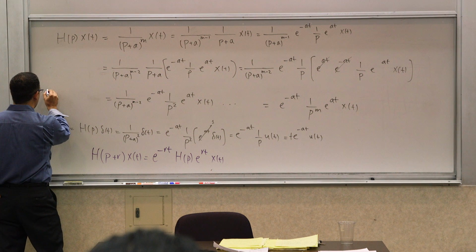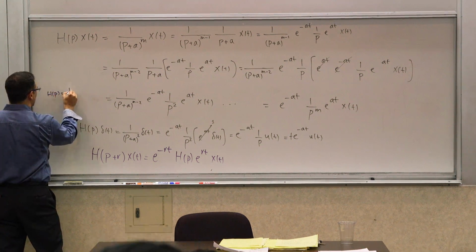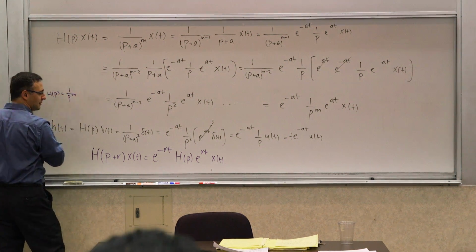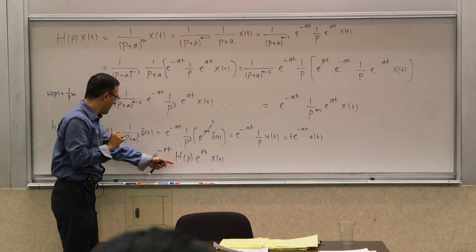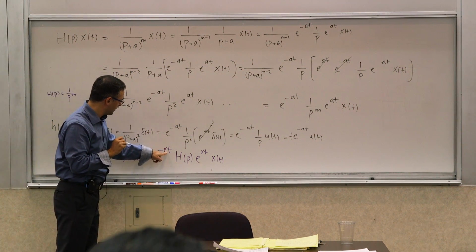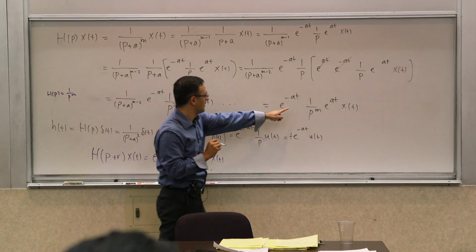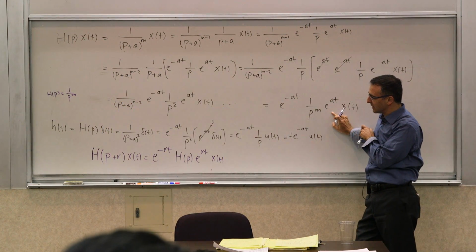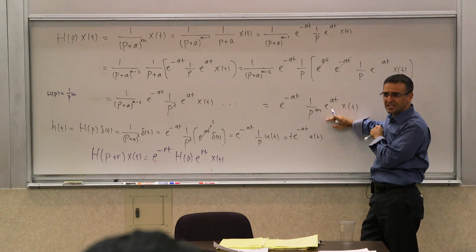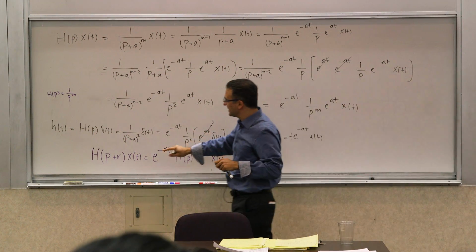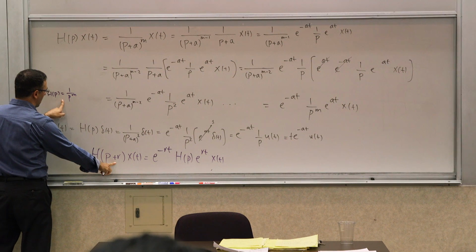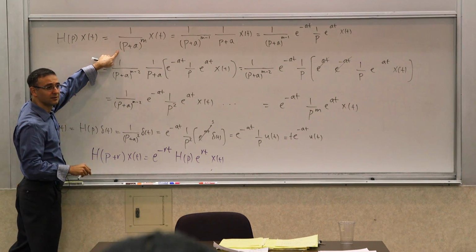Because if you assume that h of P is 1 over P to the m, then this becomes e to the RT, 1 over P to the m, e to the at, if you replace a with an r, x of t, which becomes this expression. And this side of it becomes 1 over P plus r to the m.